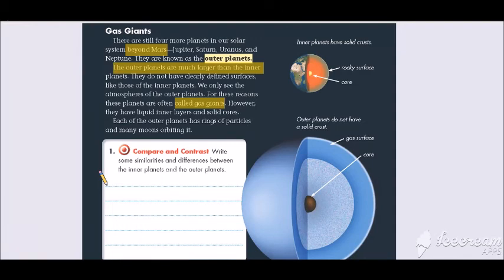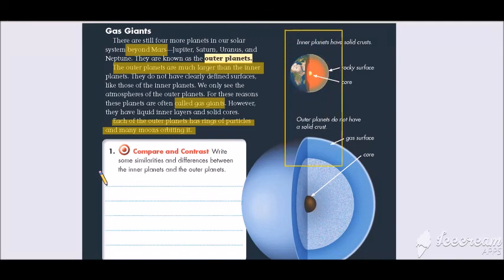Each of the outer planets has rings of particles and many moons orbiting it. What do you say? Many moons? Yes, many moons. Not only one or two. Sometimes they may reach 64. 64 moons? Yeah. Very well.